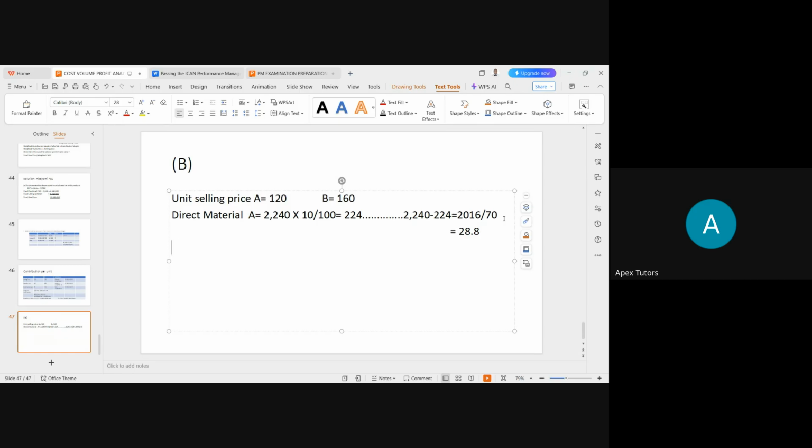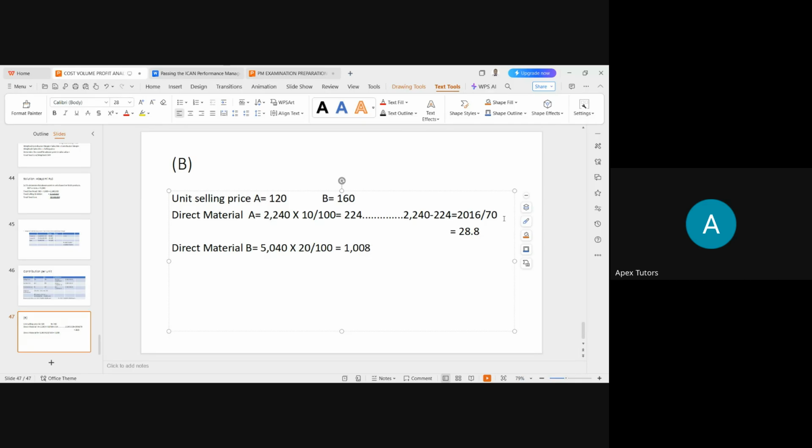For B, direct material for B, it should be 5,040. That it will reduce by 20%. This will give us 1008.